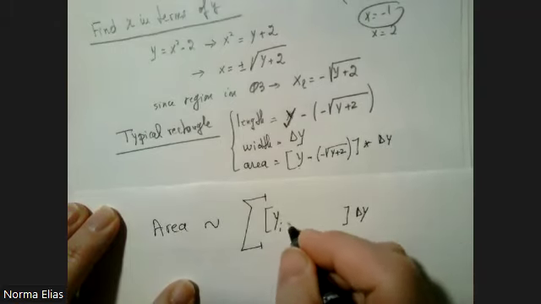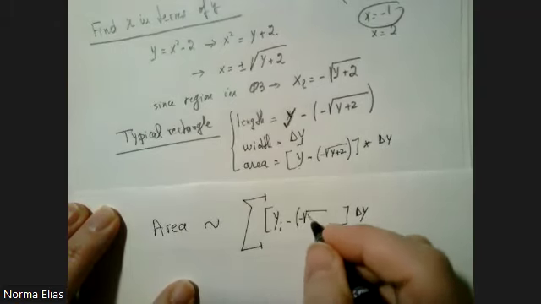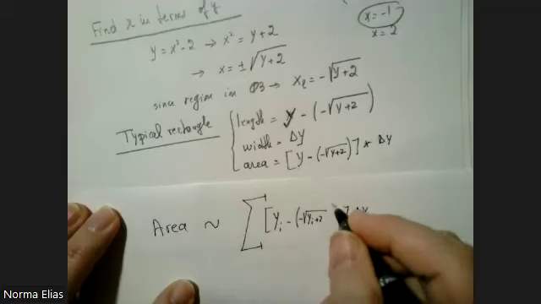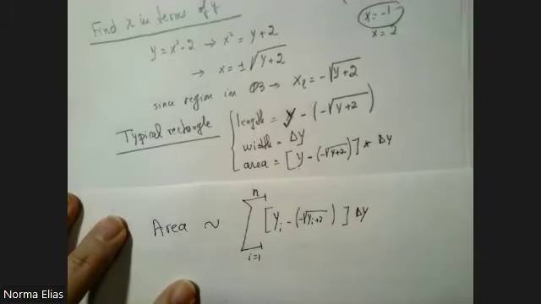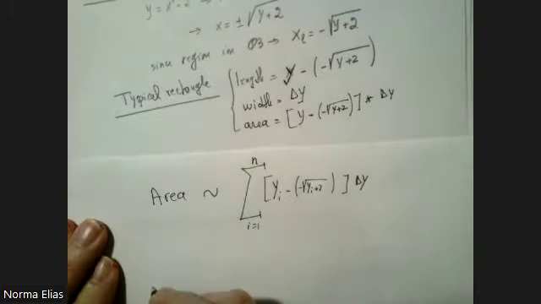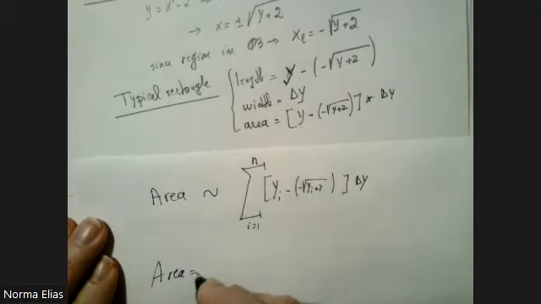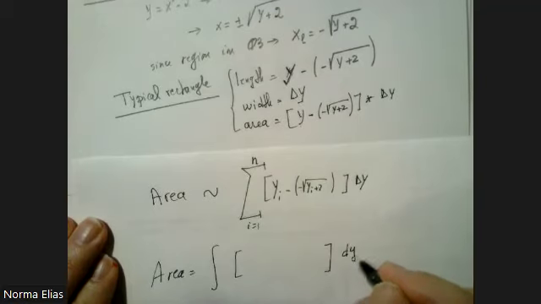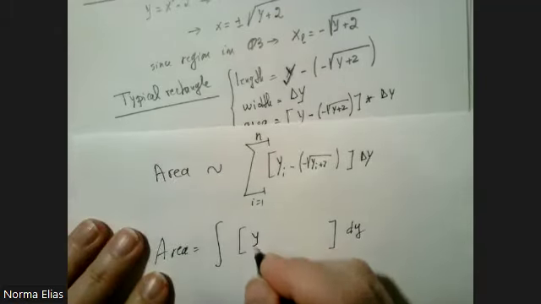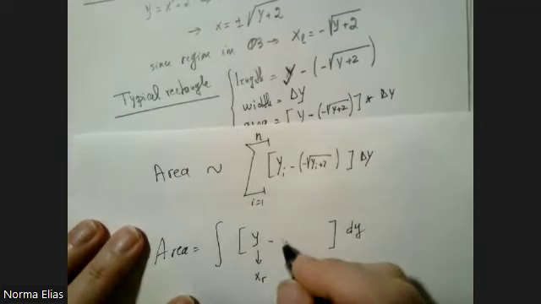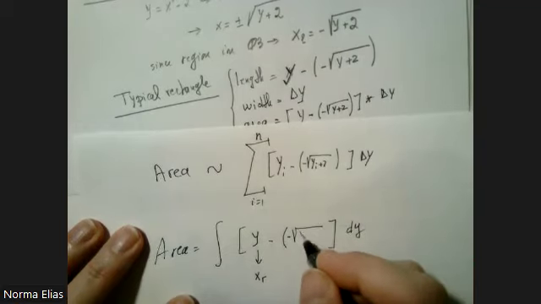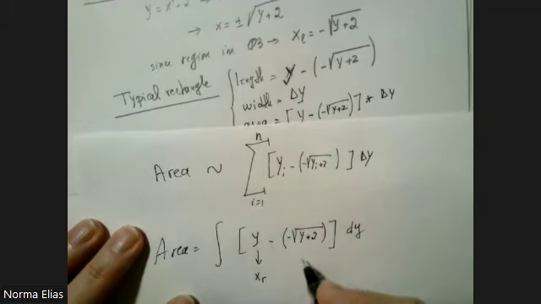I go back to yi because at this stage, I am splitting my interval. I equal 1 to n. So that's the Riemann sum. So now the actual area is going to be equal to the integral of y, which is the right, minus the left. Of course, we simplify everything in a minute. So far, I'm just making sure the setup is fine.